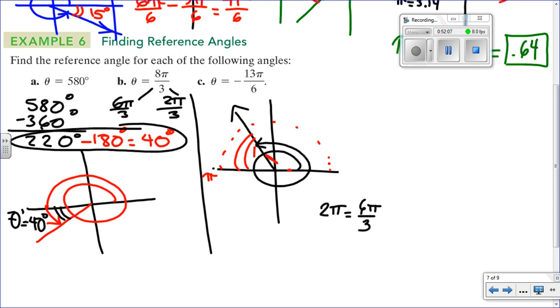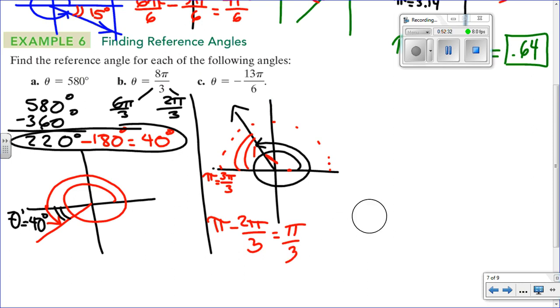Pi, or 3 pi over 3. So it'd be pi over 3. So you will find that it will be pi over 3, yes. You will find it by saying pi minus the little extra that we did after the complete turn. So it's pi over 3.